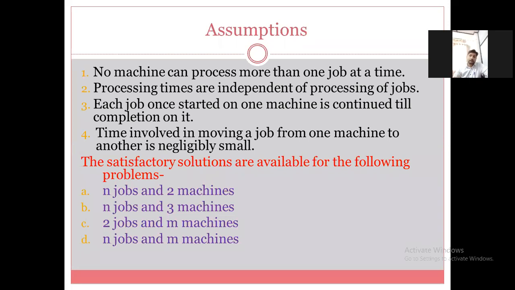Now in this production operation management, we are going to deal with these 2 types of problem statements, that is, n jobs and 2 machines and n jobs and 3 machines.